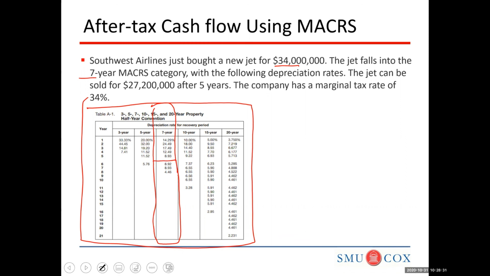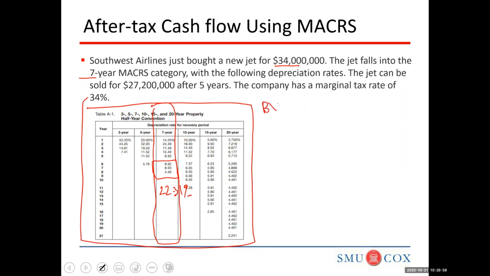But to calculate the book value, we just need to see what the total of these percentages is. So it's 8.92 plus 8.93 plus 4.46. So I get 22.31%, and then multiply by the original value.